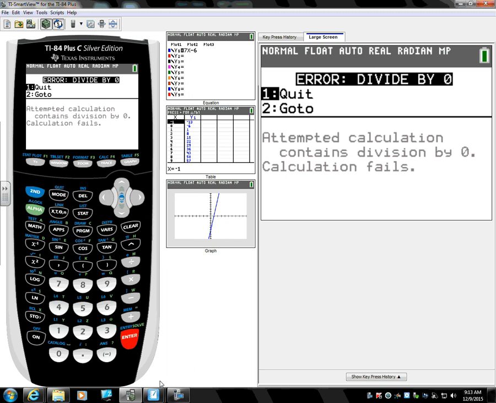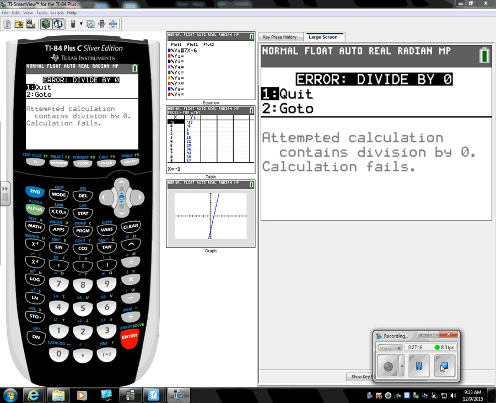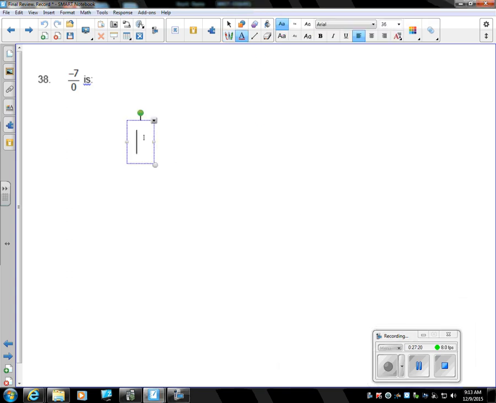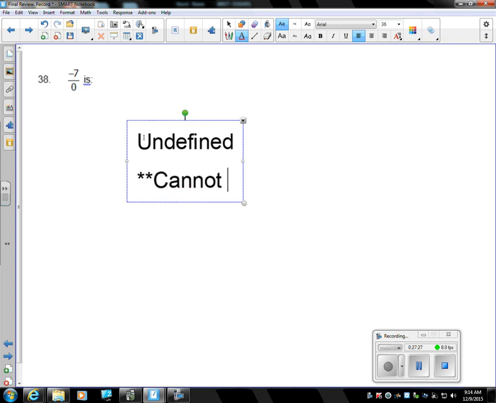This means that we cannot divide by 0. And what we call that is undefined. Okay? So I'll put a star here. We cannot divide by 0. So if 0 is on the bottom of your fraction, the answer is going to be undefined.